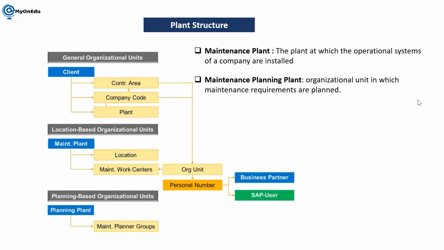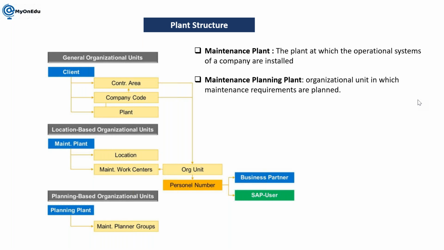And there is the maintenance planning plant, where we are doing the planning for maintenance. This may be the same plant or a different plant. For example, my manufacturing unit's plant code is 1100.